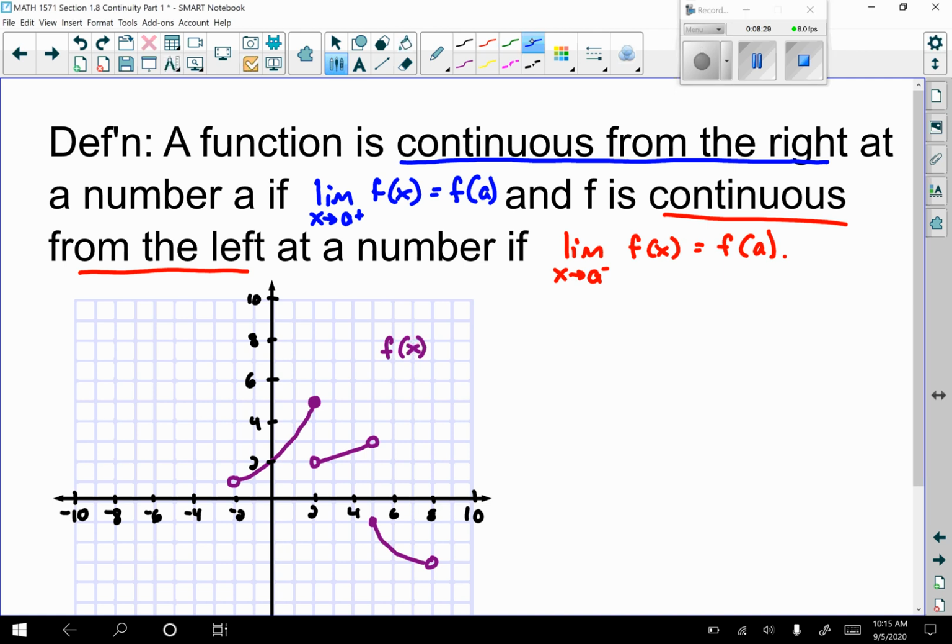Go ahead and, if you didn't already, sketch this graph. Let's take a look at 2. Is it continuous at x equals 2 right now?